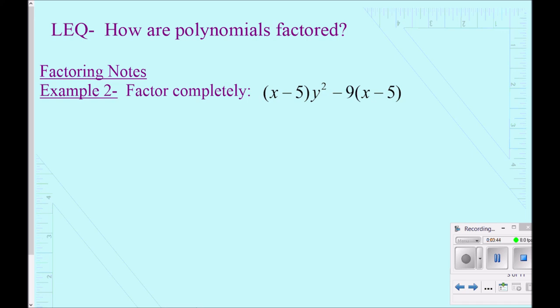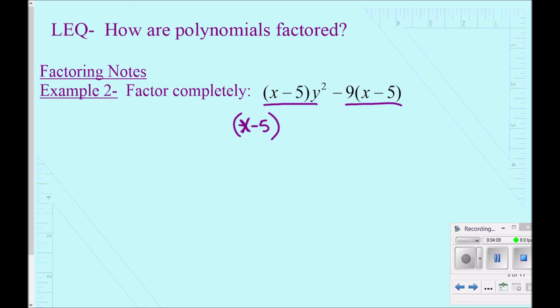So when I see a problem that looks similar to what we just did, I'm going to underline everything in front of the sign, underline everything after the sign. And I'm going to focus on the 2 underlined pieces and what I see in common, what's a common factor in both. So looking closely, I can see that x minus 5 is a common factor.